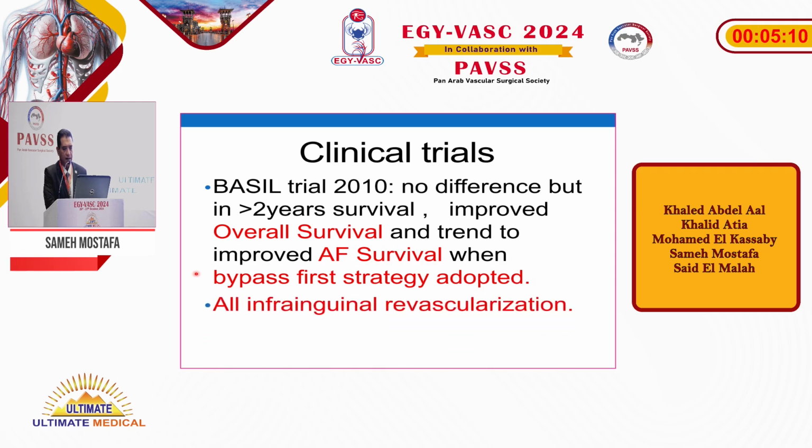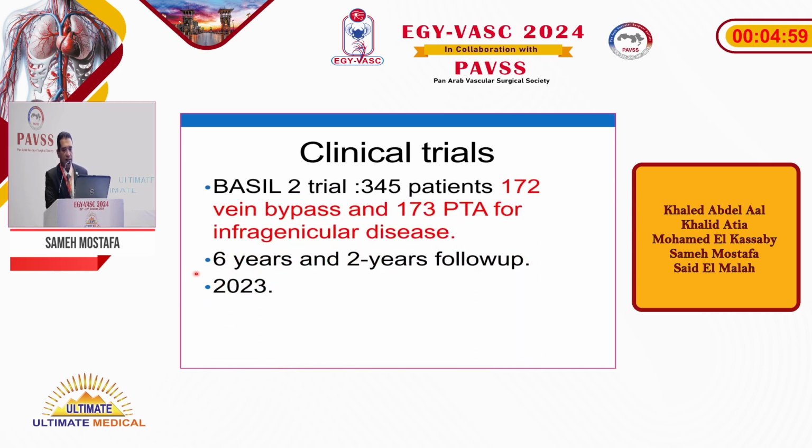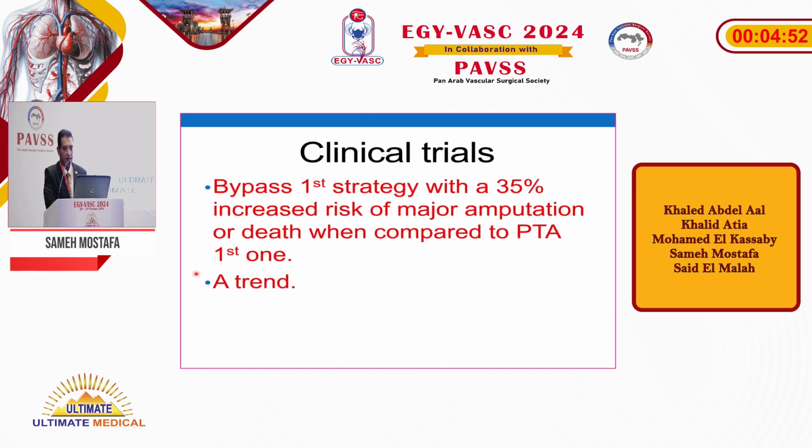But this trial discussed all infrainguinal revascularization and was not dedicated to the infrapopliteal disease. However, the dedicated trial, BASIL-2, published in 2023, stated that the bypass first strategy had a 35% increased risk of major amputation and death when compared to angioplasty as a first option.